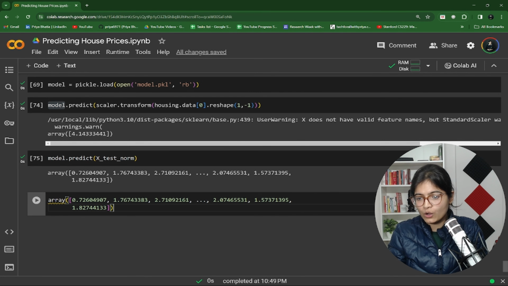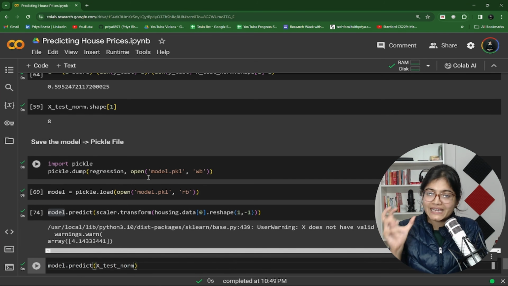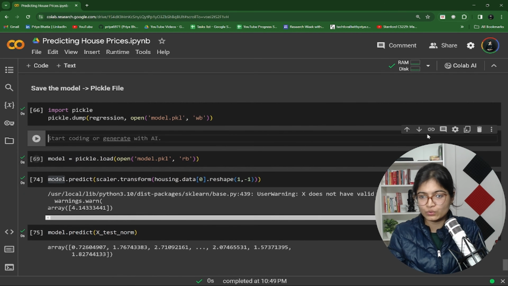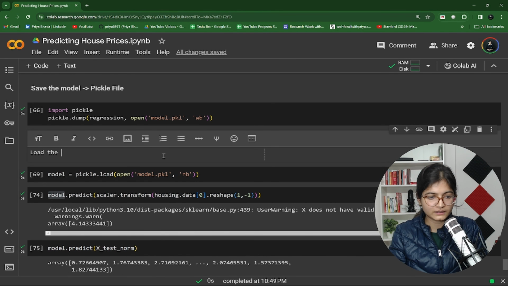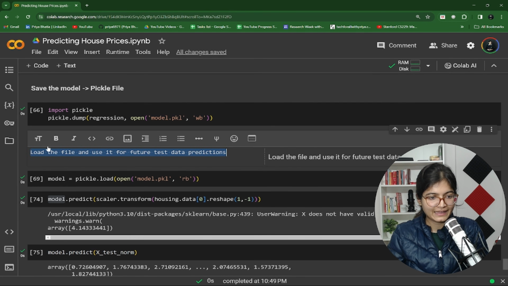So I hope that now it is pretty much clear to everyone how we will be able to save the model, and then after saving the model, how we will be able to load the file and use it for future test data predictions. I hope now it is very easy to understand.